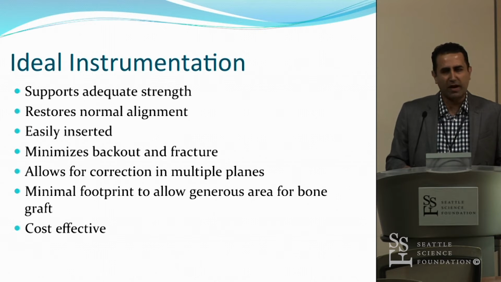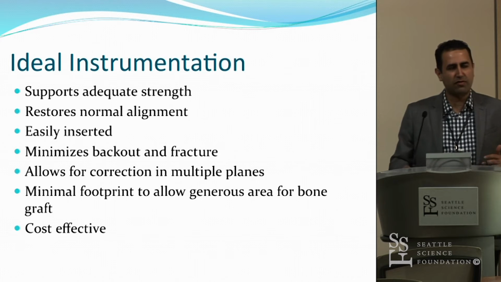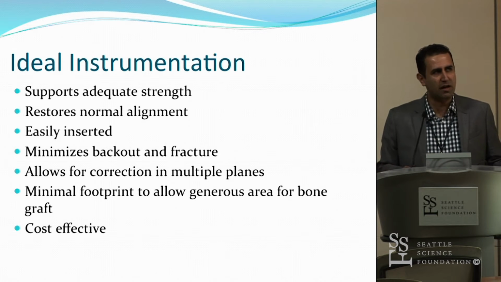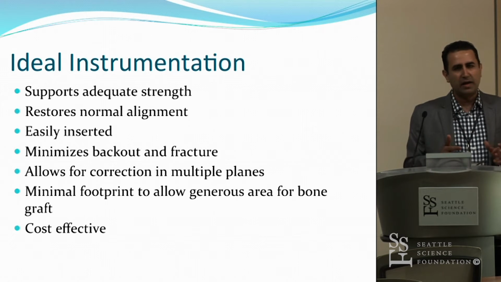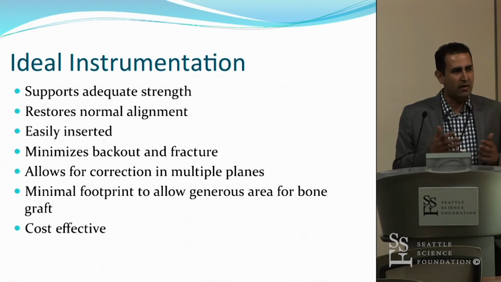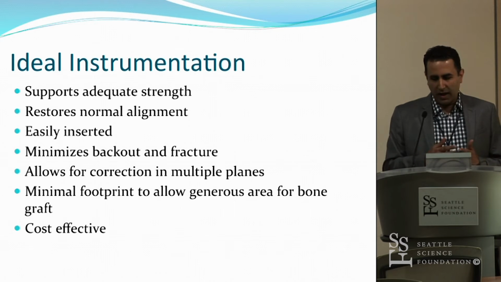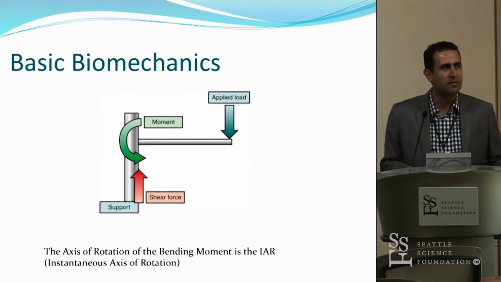It can't lead to fracture either of the host bone and be strong enough to prevent fracture of the instrumentation itself. As we talked about, it's got to allow for correction in multiple planes. It has to have a minimal footprint to allow a generous area for bone fusion to occur. And ultimately, in our healthcare system, it's got to be cost effective.